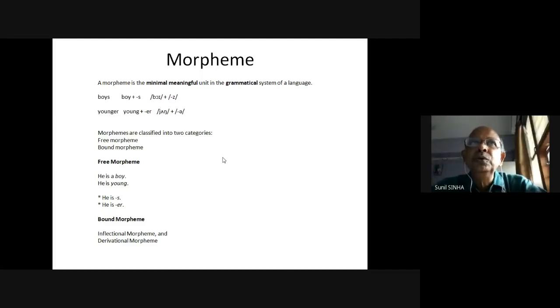However, now let's move over to a different block of MEG4, that is block number 4, called morphology. Now, what is morphology? Let's try to understand what is morphology.